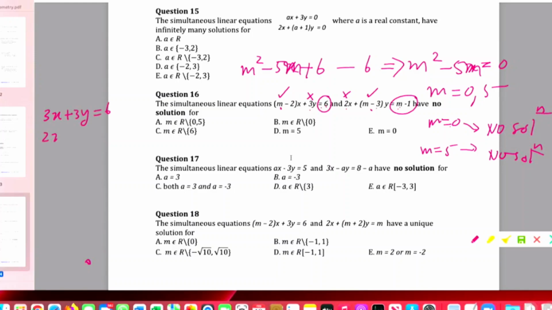So 2x plus 2y is equal to 4. Is this the same? Yes, it's the same. So this is m is equal to 5. That means this is infinite solutions. So what is the answer to the question? No solution. For this one, what was the answer? B.